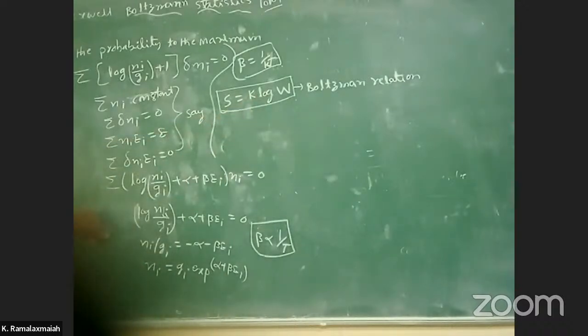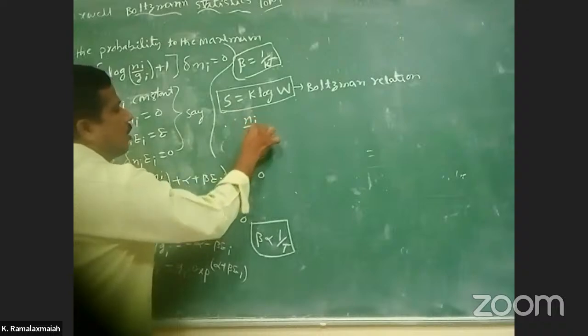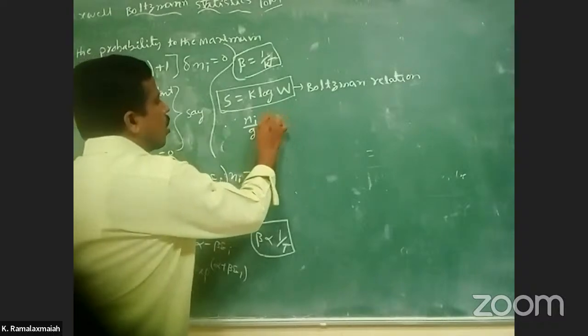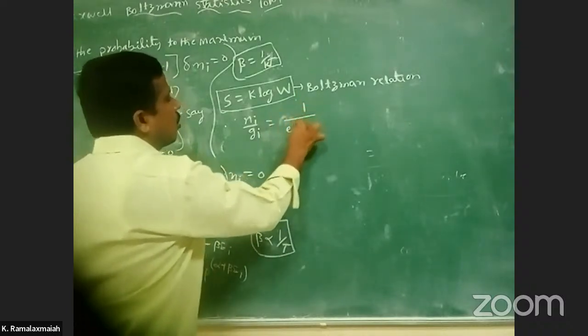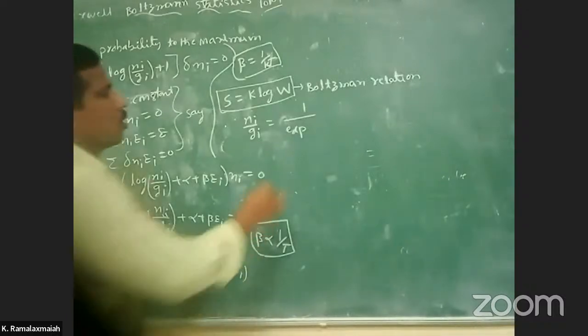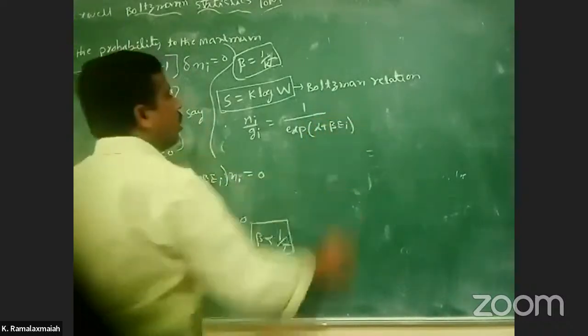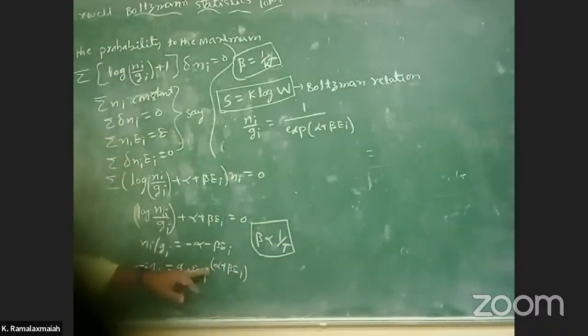So that is the value. Here ni by gi for Maxwell-Boltzmann statistics is 1 by exponential alpha plus beta ei. This formula here.